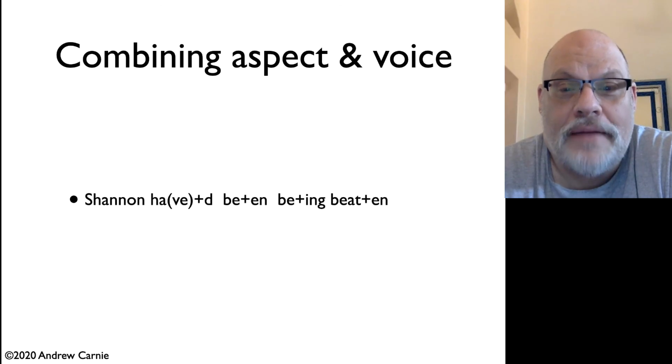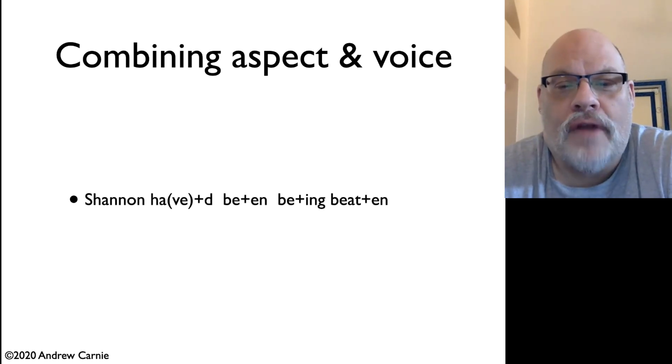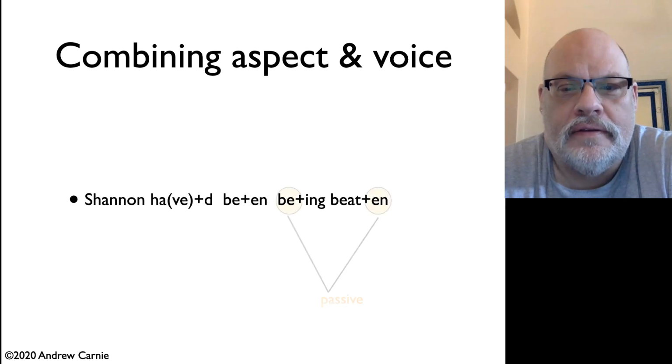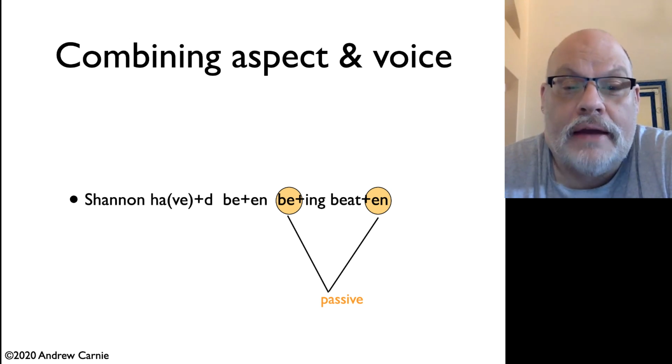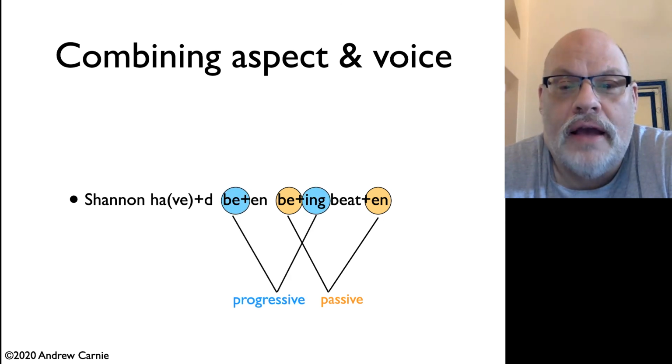So let's look at how that combines together to give us our various parts of tense, aspect, and voice. First of all, at the right-hand edge of the sentence, we have the verb be that is combined with the participle form of the verb beat. This gives us the passive. Before that, we have the auxiliary be, which is combined with the ing gerund form, strangely, of another be auxiliary, to give us the progressive.